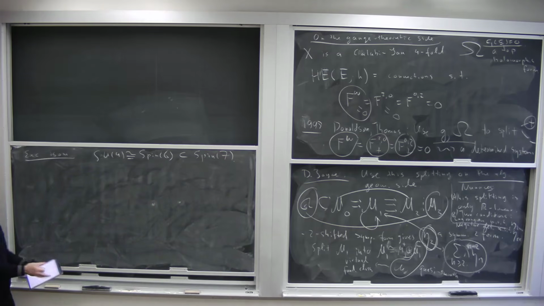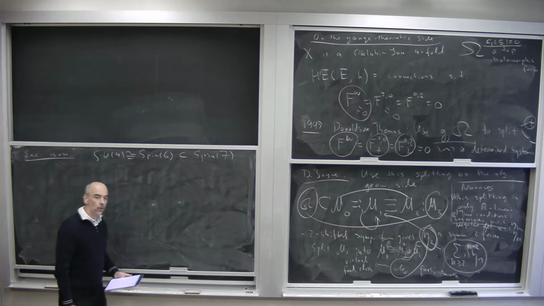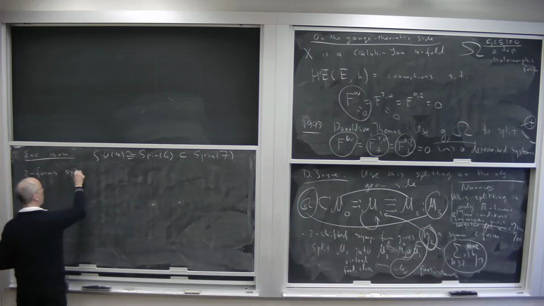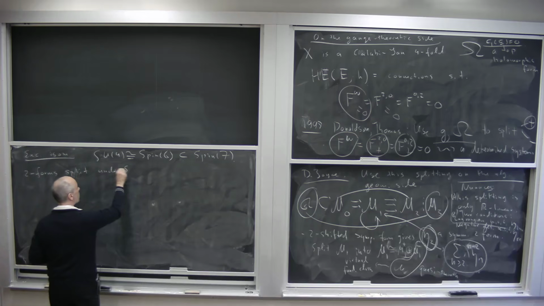So we have the action of SU4 on our forms, and then we can start trying to see the splitting that we have. But in this case, we also have the action of Spin 7. So two forms split under Spin 7.